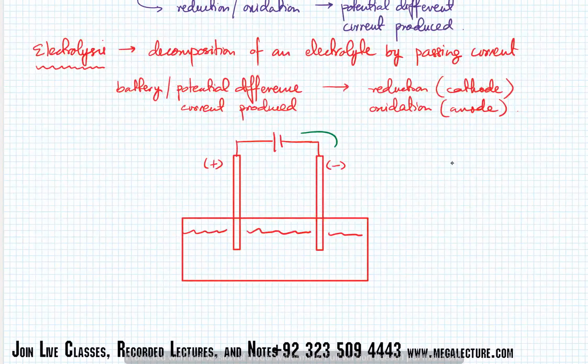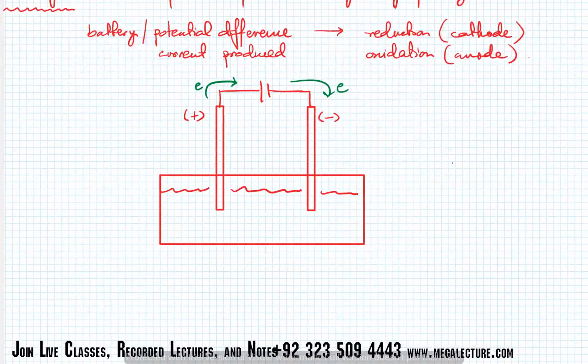Electrons are flowing from one end and coming back at the other. Electrons are already flowing. And remember, it's inert electrodes, platinum electrodes. So electrons are already moving around.